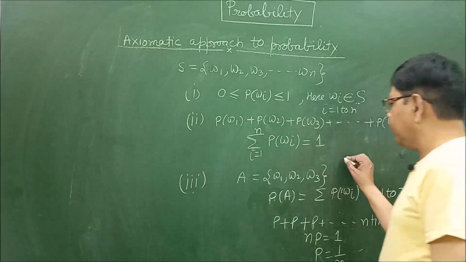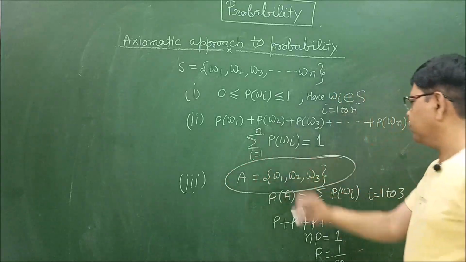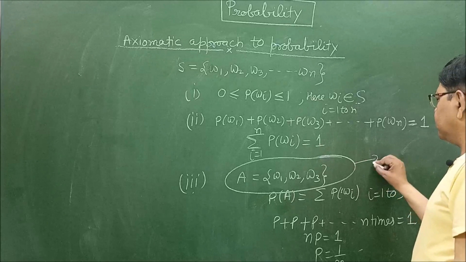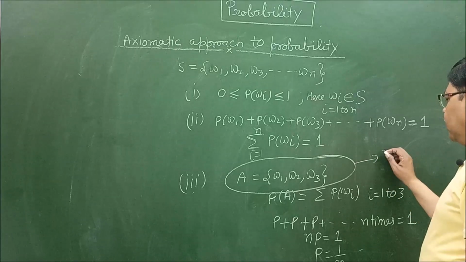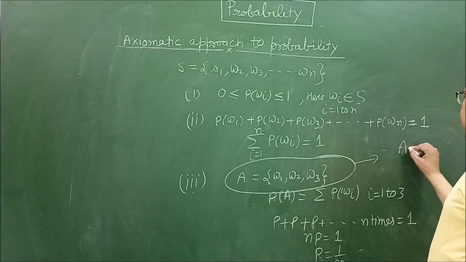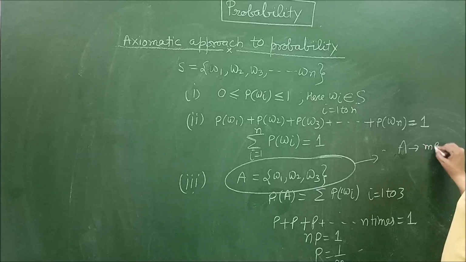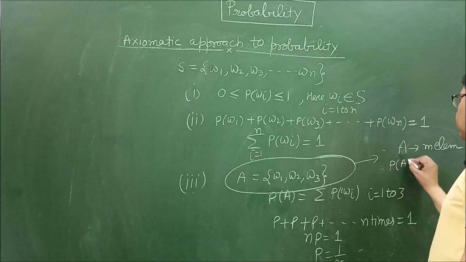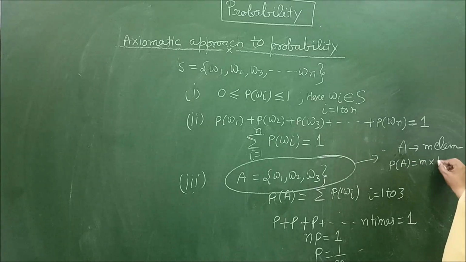And suppose an event A happens and it consists of m elements. Then the probability of A will be equal to m into 1 upon n.